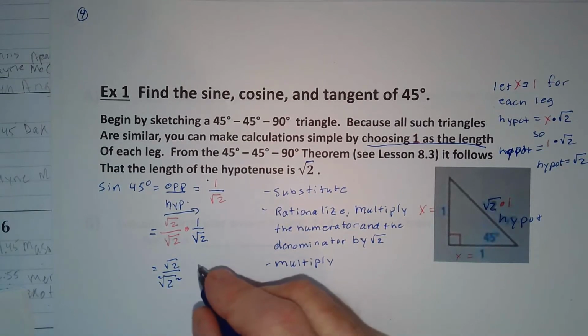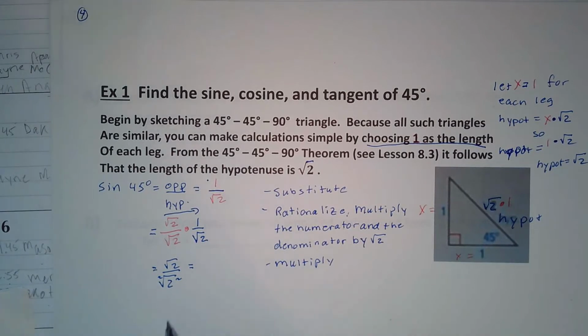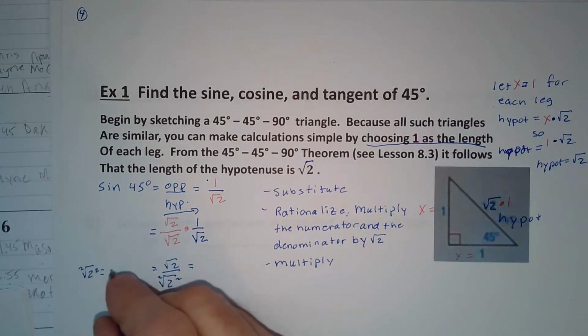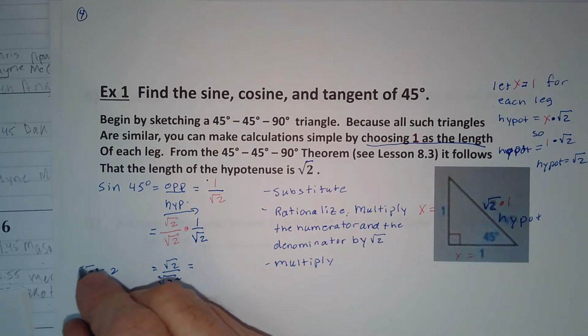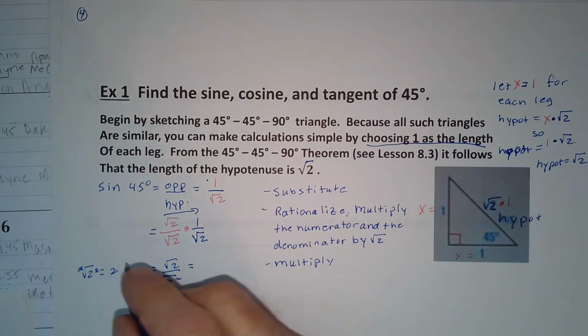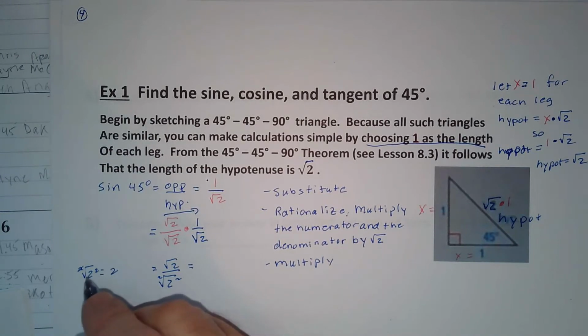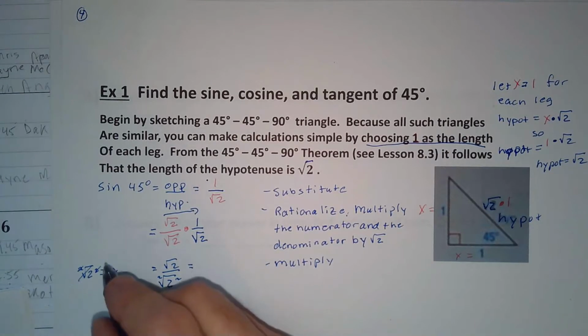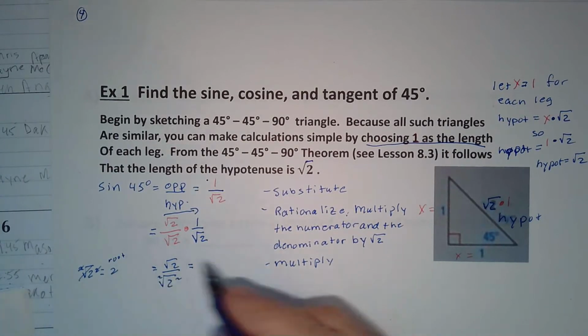All right, now, whenever you have the square root of 2 squared, it equals 2, because square root of 2 times 2, well, 2 times 2 is 4, square root of 4 is 2, okay? That's basically all it is. So basically the radical and the exponent cancel each other out.